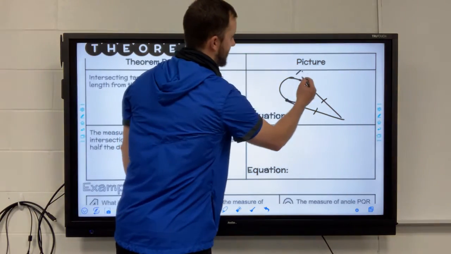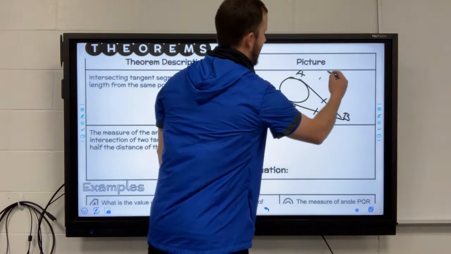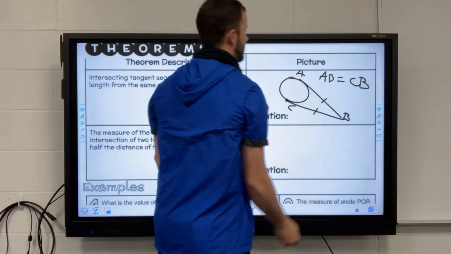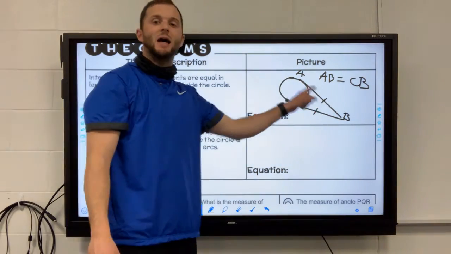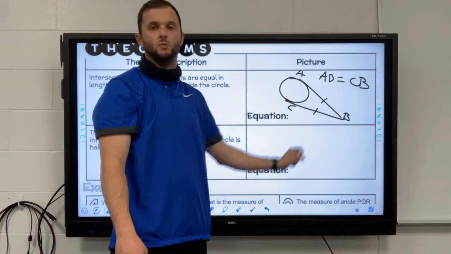So if this is point A, and this is point B, and this is point C, this would mean that AB is going to be equal to CB. So again, tangent lines that intersect outside the circle are going to be congruent to each other.